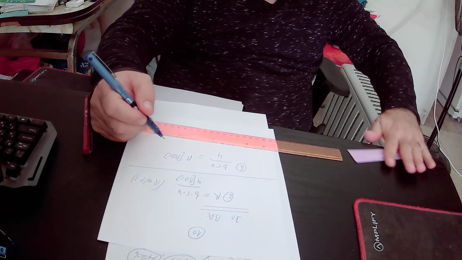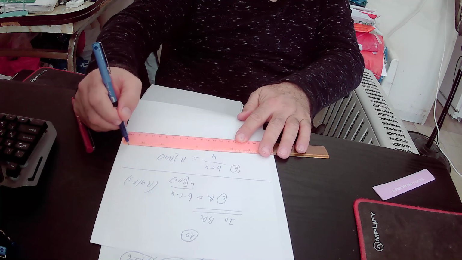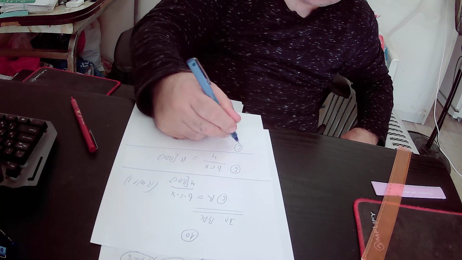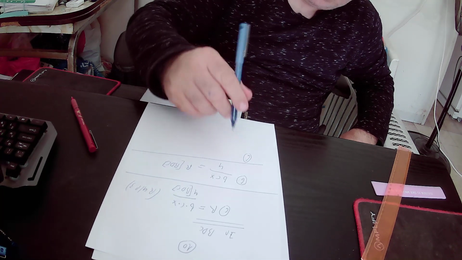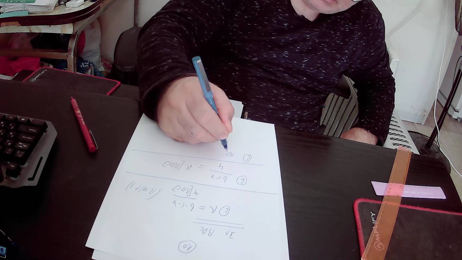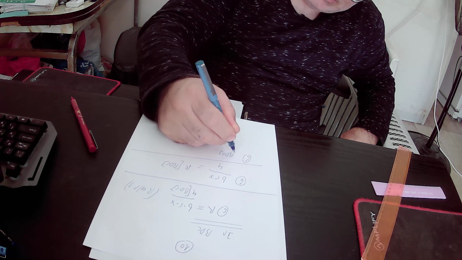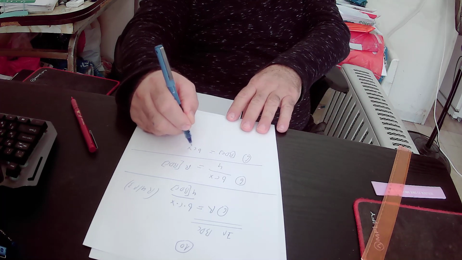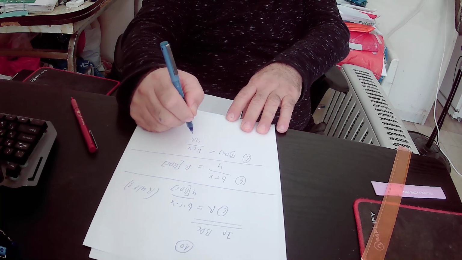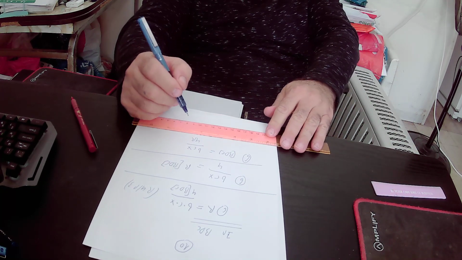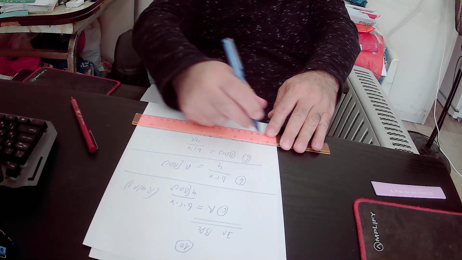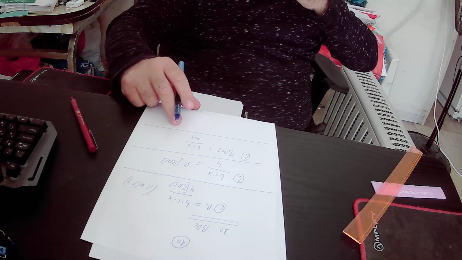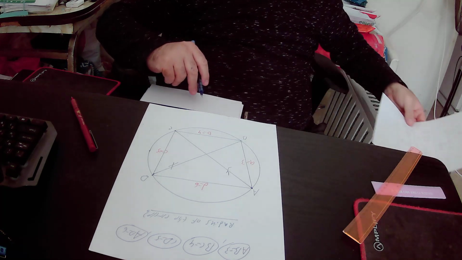Then we divide by the radius of the circle, and we get that the area of triangle BDC equals BCX over 4R. Okay, the area of triangle BDC, according to equation number 6, equals BCX over 4R.